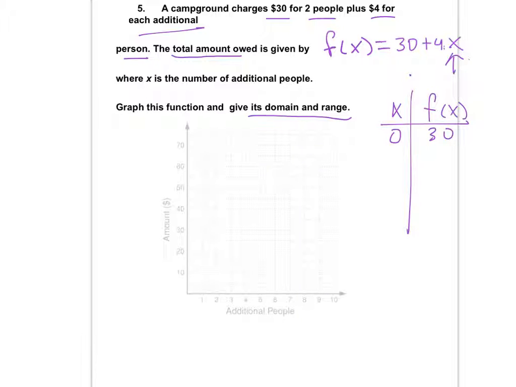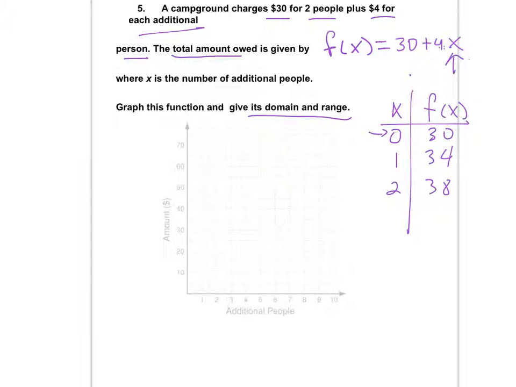Now, if one additional person goes, sorry, that means additional person. So how many additional people? Remember, if 0 additional people going, that actually means 2 people. So if one additional person goes, that's going to be $4 more, so that's going to be $34. If 2 more people go, that's going to be 4 times 2, which is 8, plus 30, so that's 38.